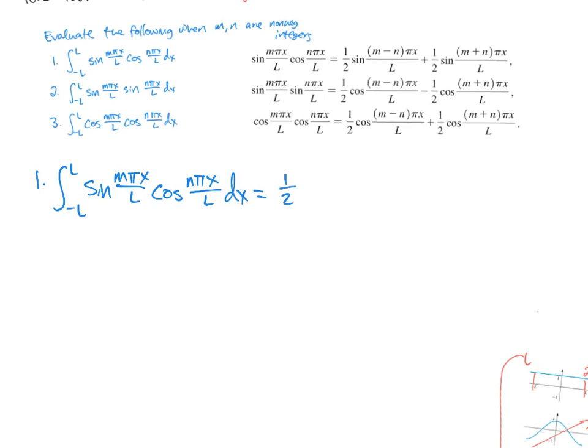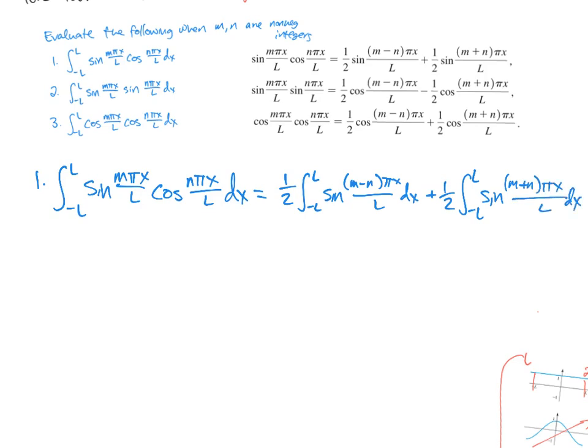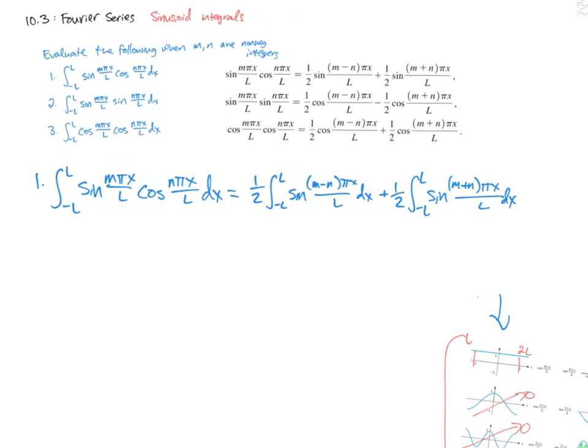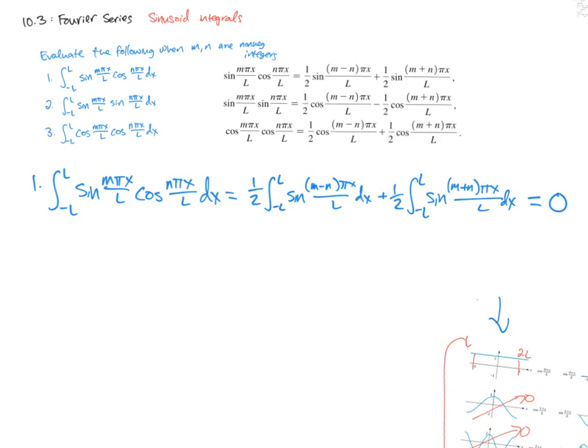So I've got 1/2 the integral from negative L to L of sine (m minus n) pi x over L dx plus 1/2 integral negative L to L of sine (m plus n) pi x over L dx. But remember, all of the sine integrals from our figure down there were 0 when we integrated from negative L to L. And so this is just going to equal 0. So when you get a sine and cosine, those are all going to die.